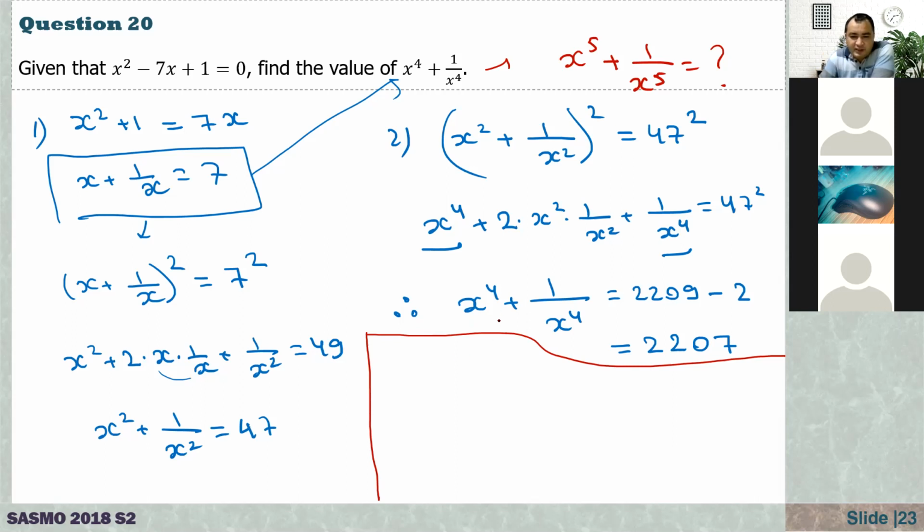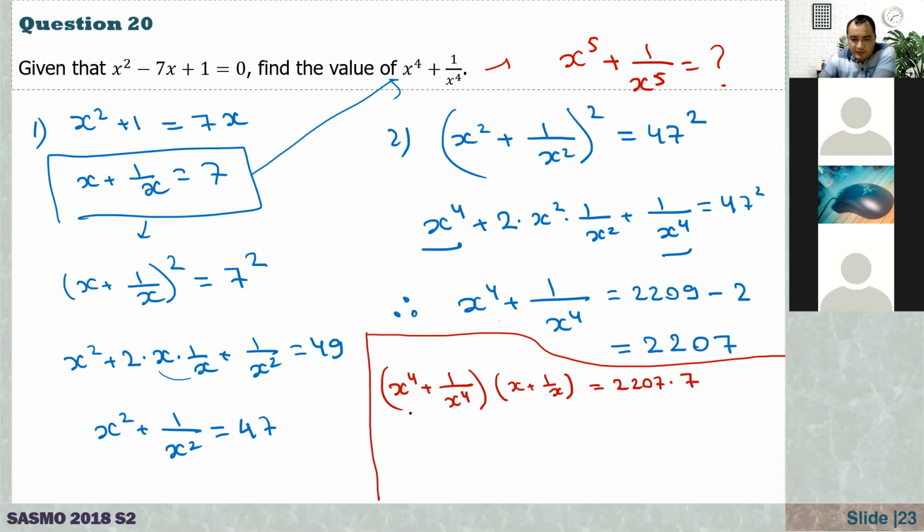So from the last result, we need to find x to the power of 5 plus 1 over x to the power of 5. So x to the power of 4 plus 1 over x to the power of 4, multiply this by x plus 1 over x. On the left-hand side, we have 2207, that's the value of the first expression, and x plus 1 over x is equal to 7.